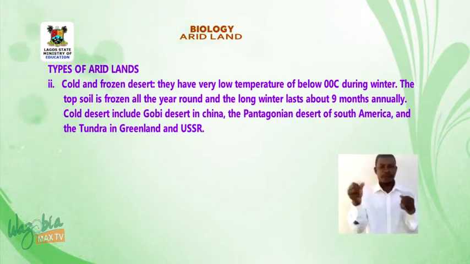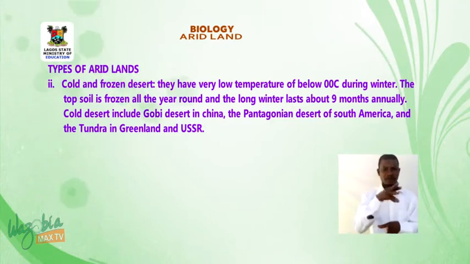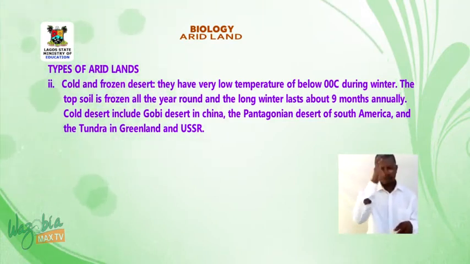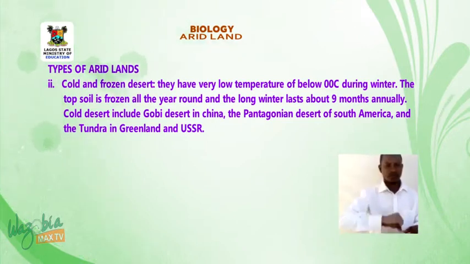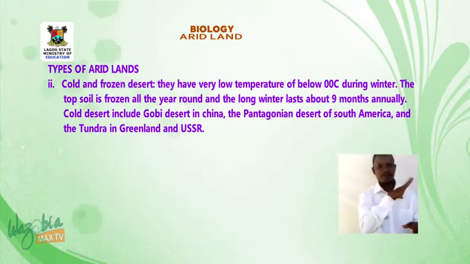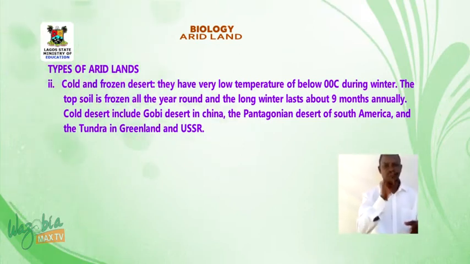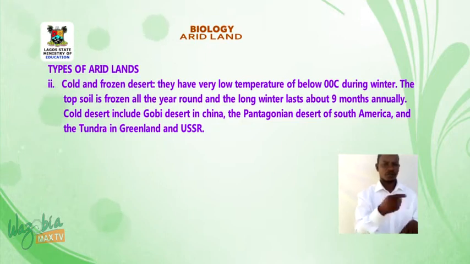Cold deserts include the Gobi Desert in China, the Patagonian Desert of South America, and the tundra in Greenland and USSR.